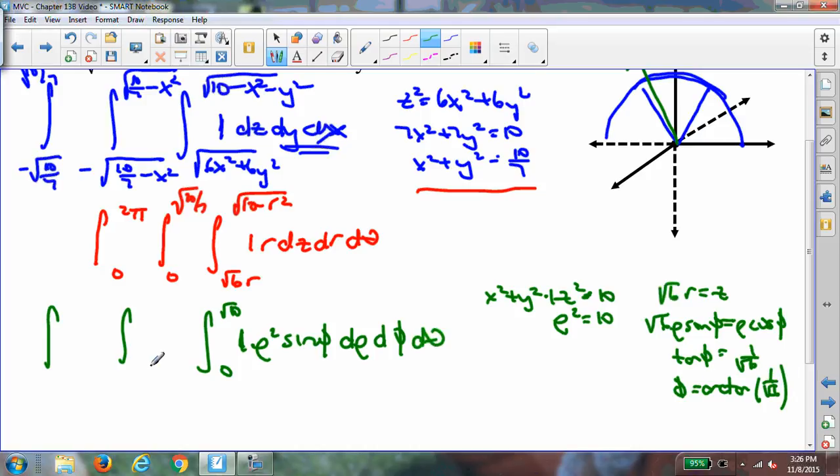So phi goes from 0 to arctangent of 1 over square root of 6. And then theta goes all the way around, 0 to 2 pi. And there we have it in rectangular, in cylindrical, and in spherical.